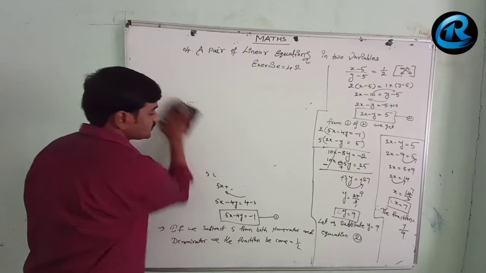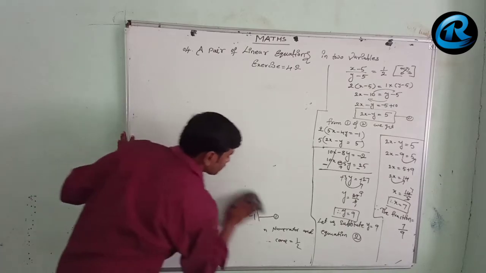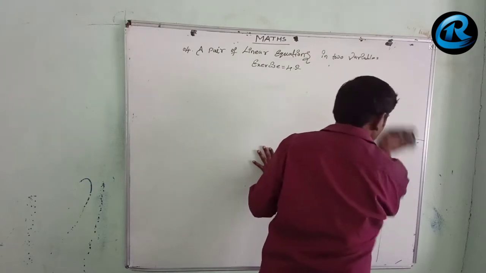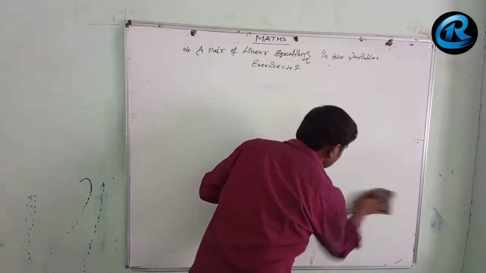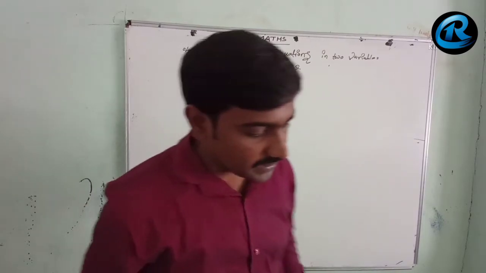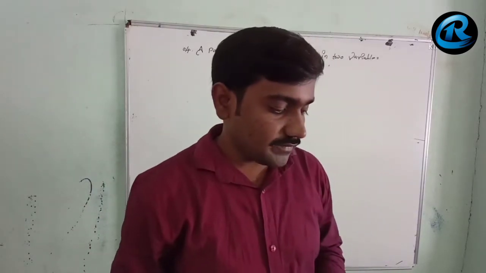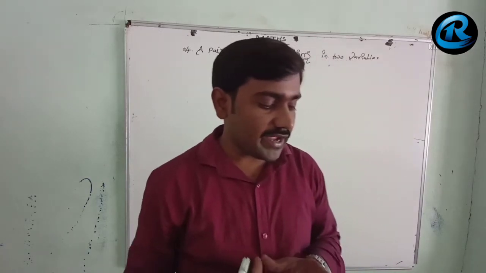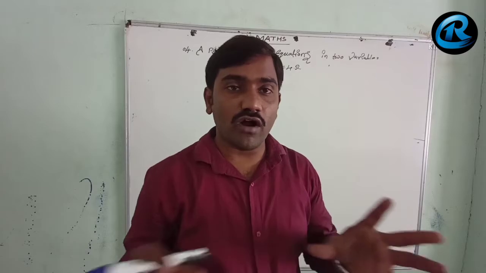Now we go for the next, the 6th one. 6th question. Look at the textbook now. Places A and B are 100 kilometers apart.